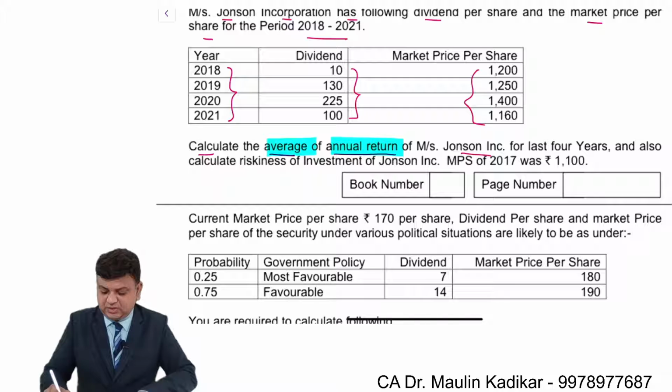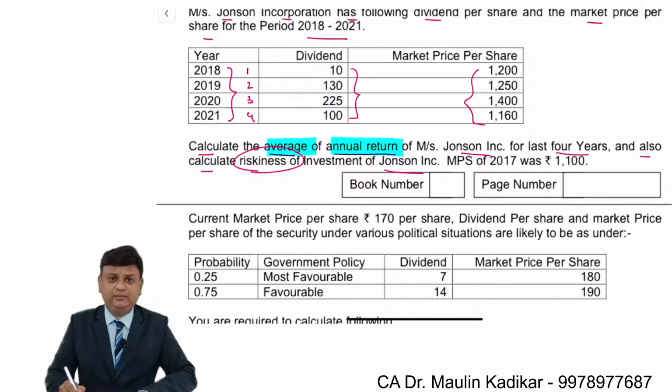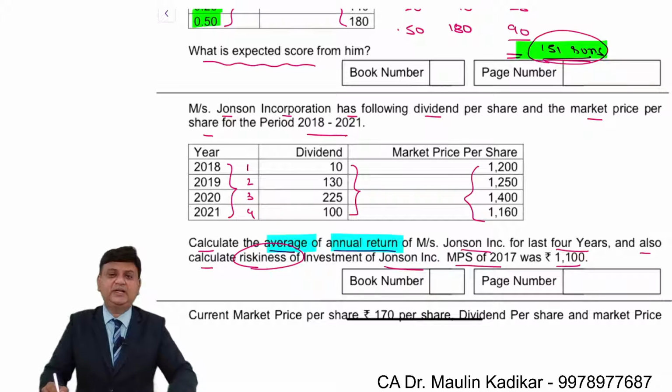Johnson and Corporation for the last 4 years: 1, 2, 3, 4. Also calculate the riskiness of the investment of Messrs. Johnson and Corporation. The market price of the security in 2017 was 1100. Like that, information is given. Just go through the question, then we will discuss how to do it.